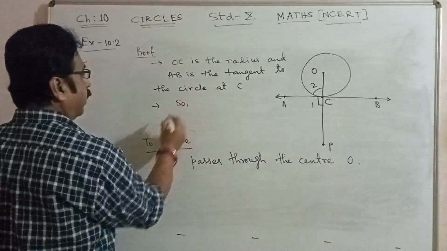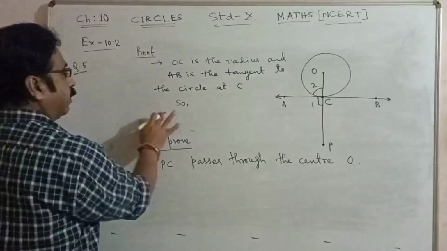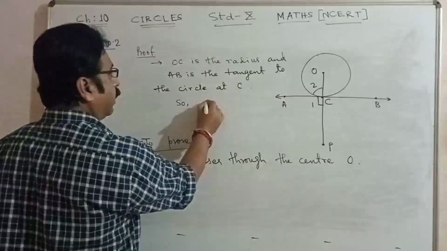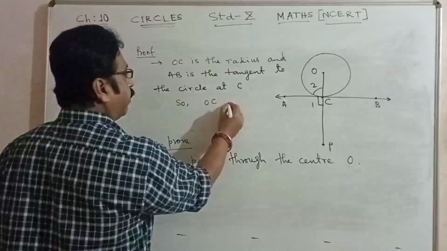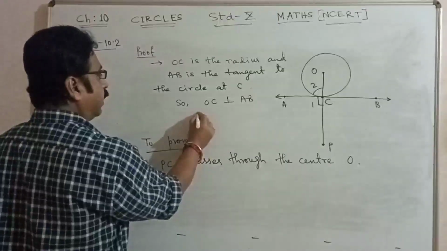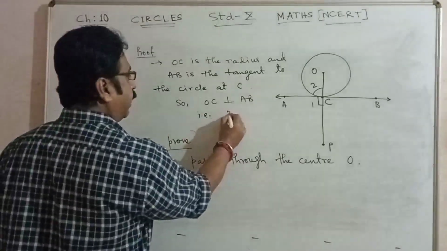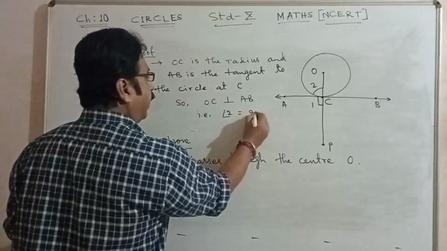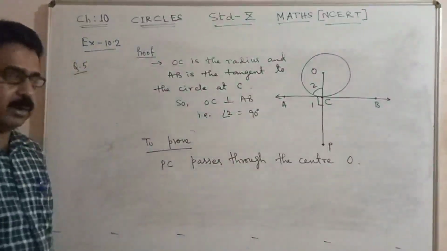So, OC is perpendicular to AB, that is, angle 2 will be 90 degree.